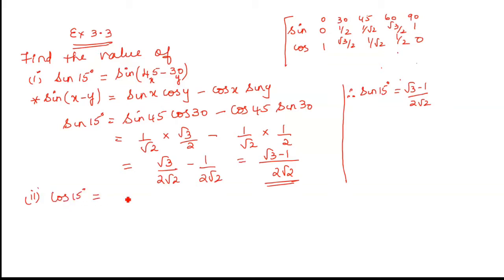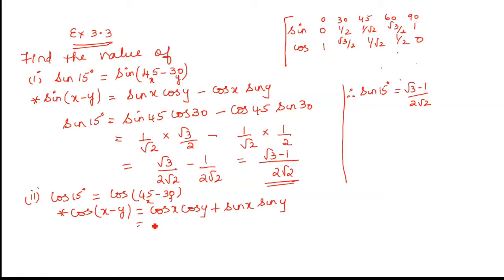How to write cos 15? Same way, let us try. Cos of 45 minus 30. So which formula to remember now? Cos x minus y. What is cos x minus y? Cos x cos y plus sin x sin y. So this is x and y, substitute. It will become cos 45 cos 30 plus sin 45 sin 30.